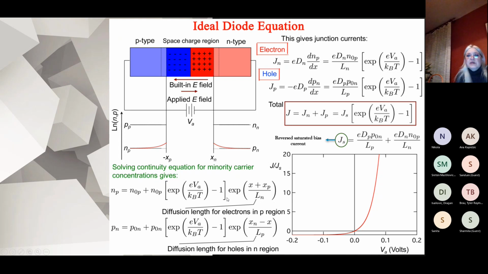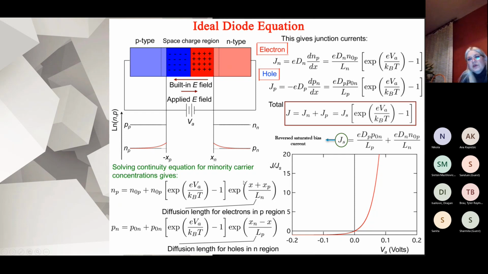And here, for instance, we can also see that if we are quite far away from the junction, deep in the p-type region, this coordinate will be a large negative number.